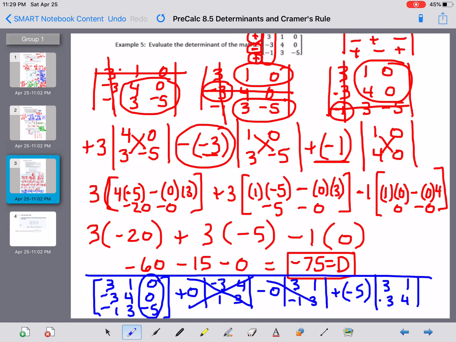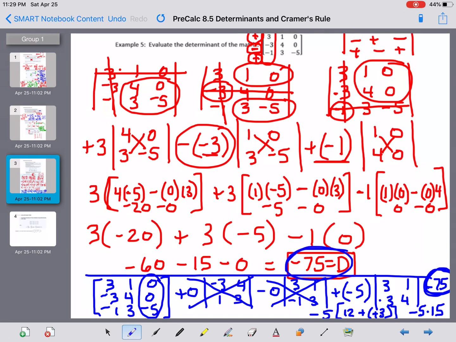I only have one I really need to do the math on. So I have a -5, and I'm going to get a 12 on the front diagonal minus my back diagonal of -3. Well, that's going to add together to make 15. So I get -5 times 15. I get -75. That's the same answer I got over here taking the first column.